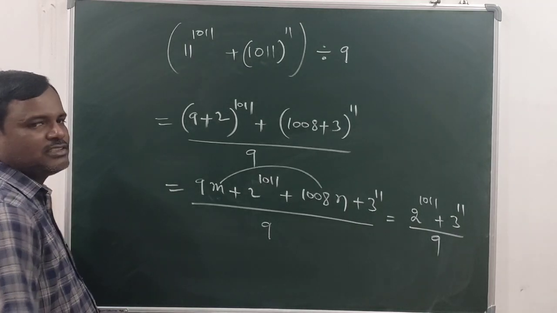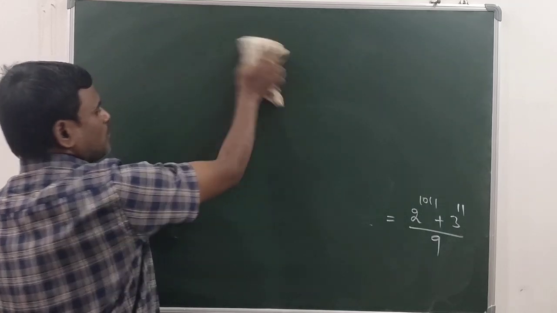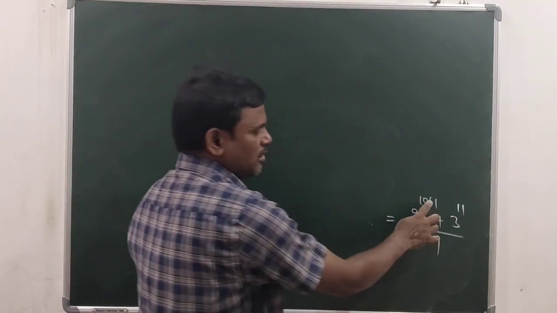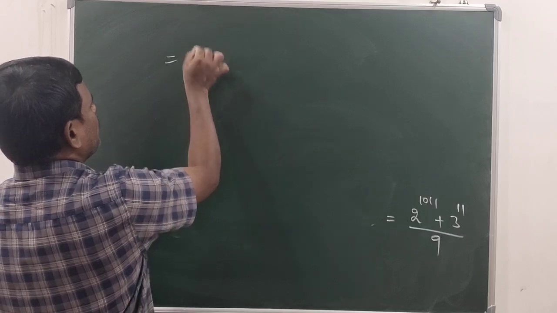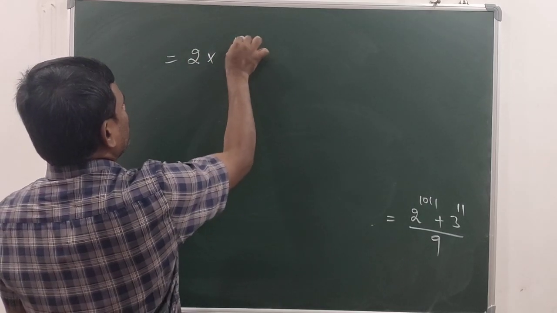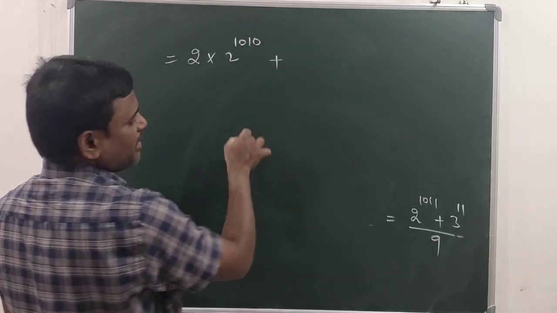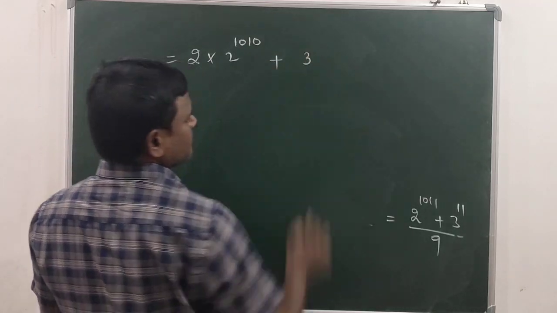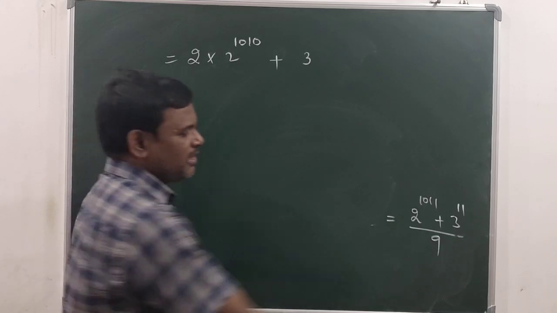Now I am erasing this. So here the exponent you got is an odd number, and the base 2 is there. In such a case you had better do it like this: 2 into 2 power 1010. Here 3 power 11 is a multiple of 9 only.